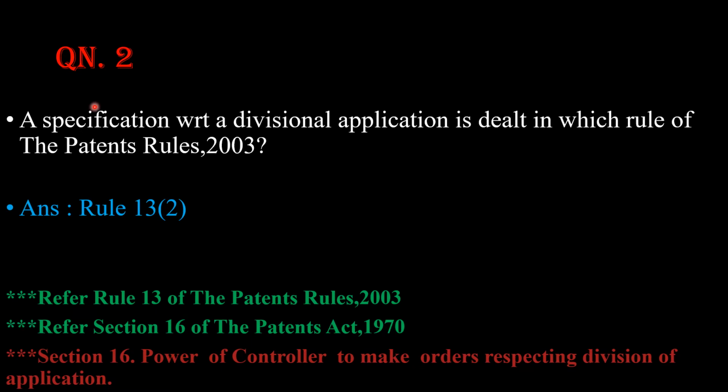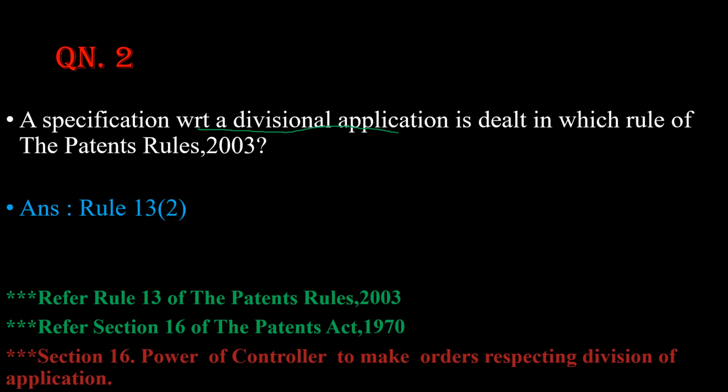Question number 2. A specification with respect to a divisional application is dealt in which rule of the Patents Rules 2003? Here, friends, our key point is divisional application. We can remember that section 16 of the Patents Act 1970 deals with divisional application.